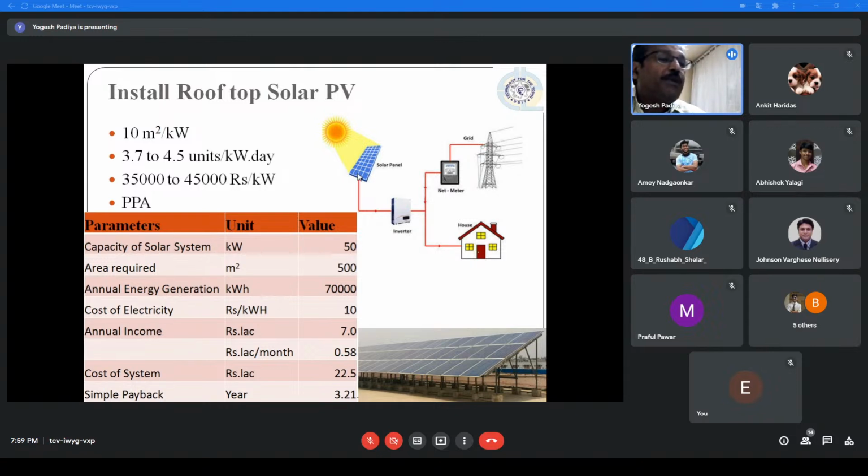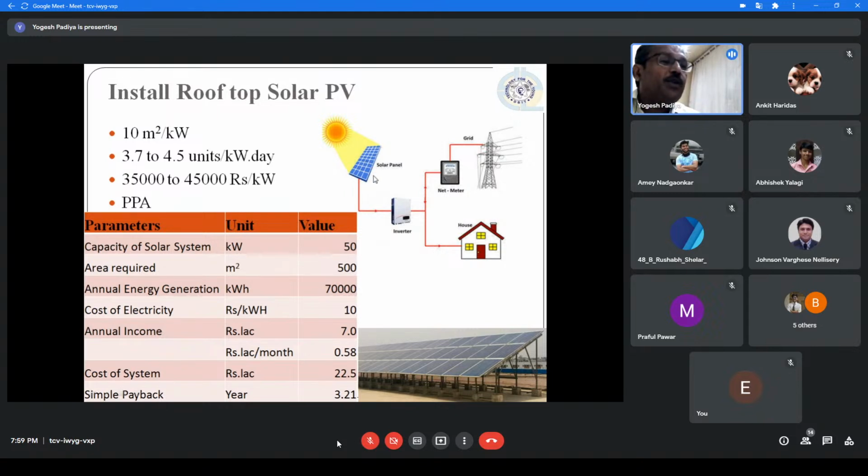But people are not aware how much it costs, how much it will produce, what the economics are, how it is to be used. So I am just giving you some glimpse of how the solar PV system works. Solar PV can be installed on a terrace or on a land wherever you have a place.